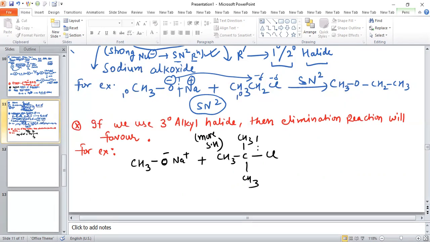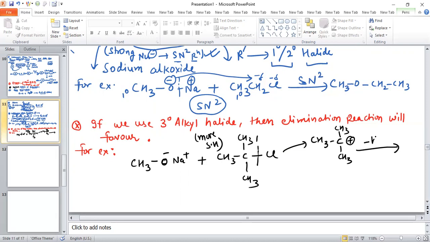Now what happens? This Cl will break, and when this Cl breaks, it will form a carbocation, like this CH3 CH3 and positive.